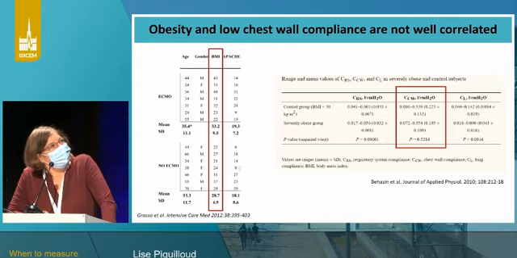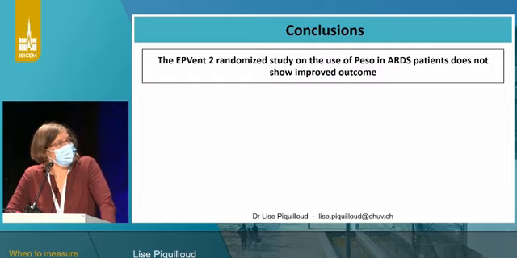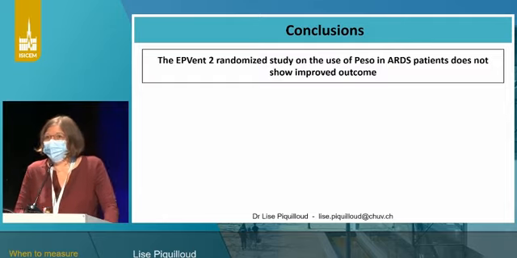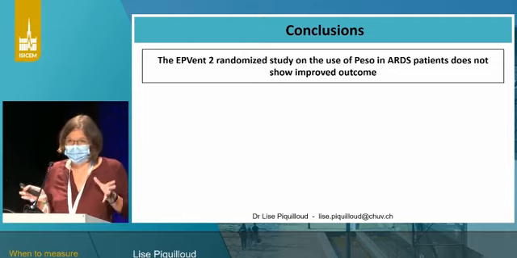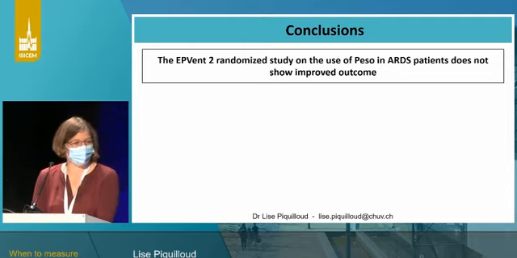Here, they compared very obese subjects, it's not patients, it's healthy subjects, with non-obese subjects, and there was no correlation between obesity and chest wall compliance. And this is an important message, because that means that we cannot know by default that a given patient has or has not a reduced chest wall compliance.